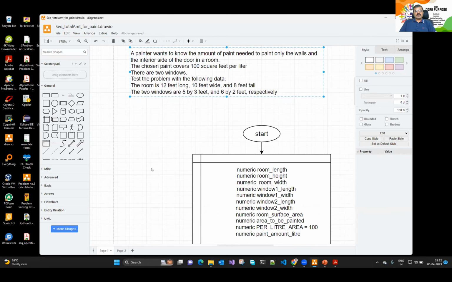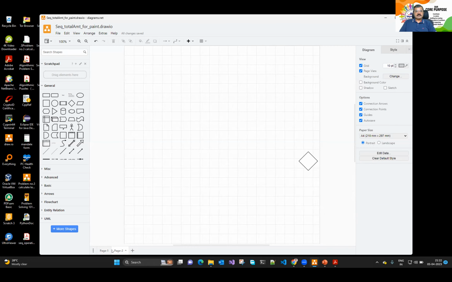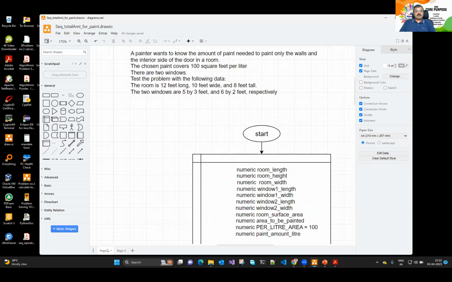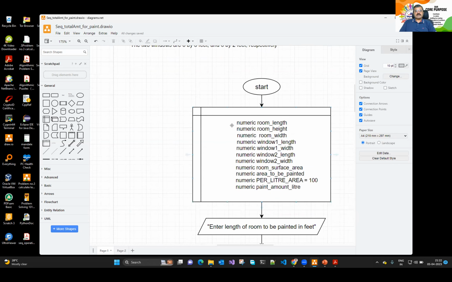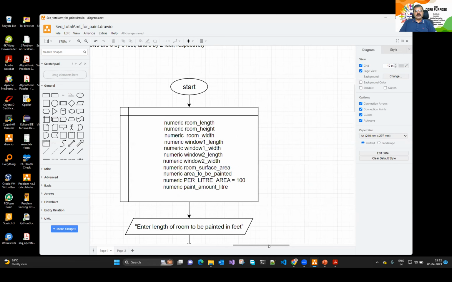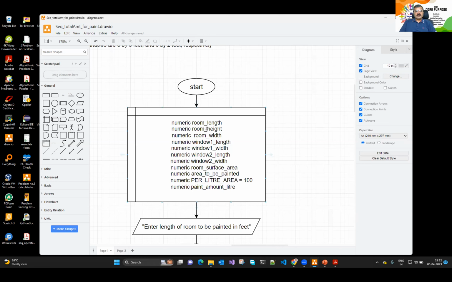Here we go. Now team 2 has defined some variables. Let me take them in the center. Room length, room height, room width. Then window 1 length and width, window 2 length and width. Room surface area, area to be painted, area per liter, that's 100.